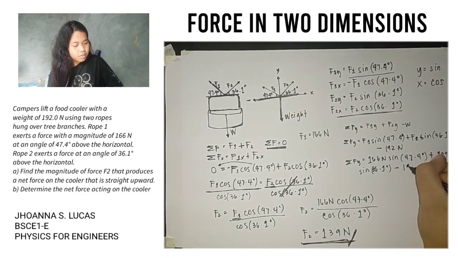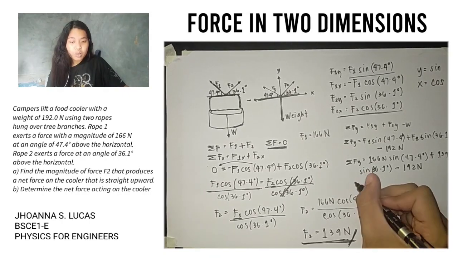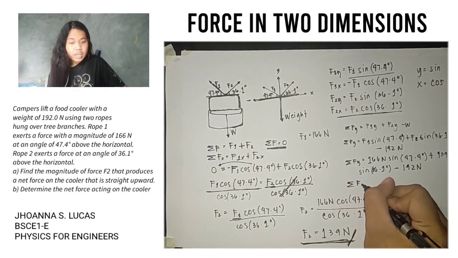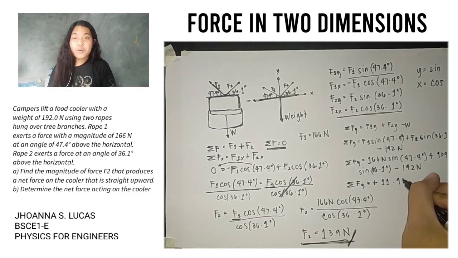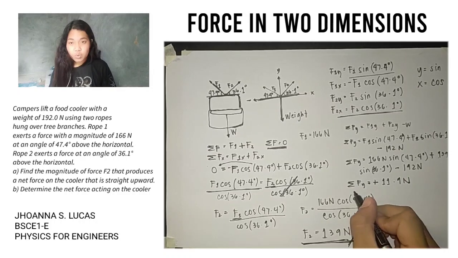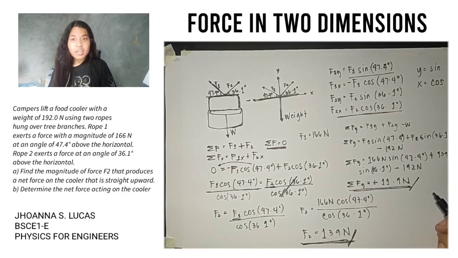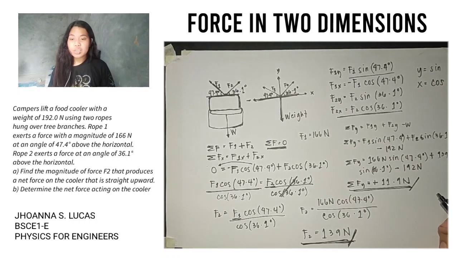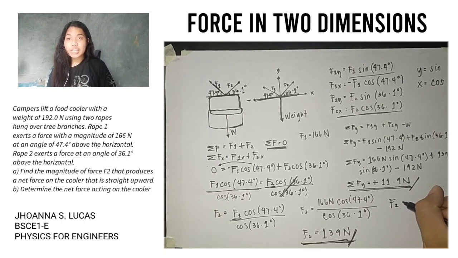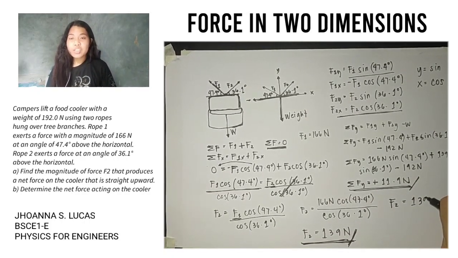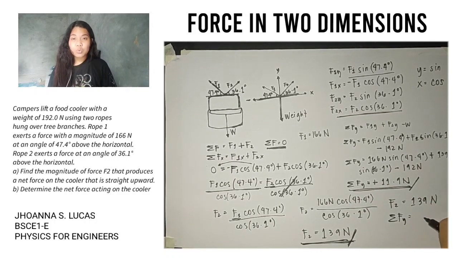Calculating this will be equal to positive 11.9 Newton. Our force acting on the cooler is 11.9 Newton. So that is our answer in this problem: the magnitude of force F sub 2 is 139 Newton, and the force acting on the cooler is 11.9 Newton.